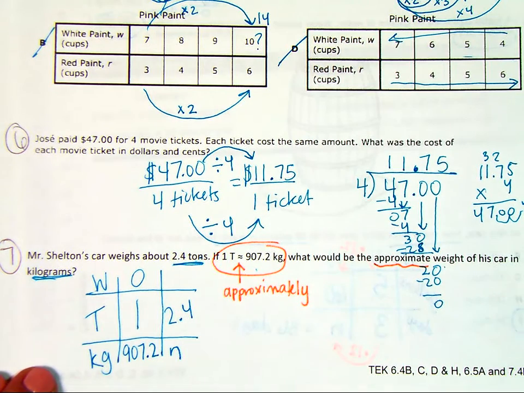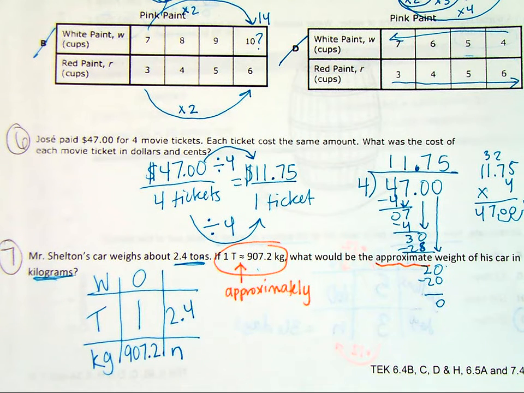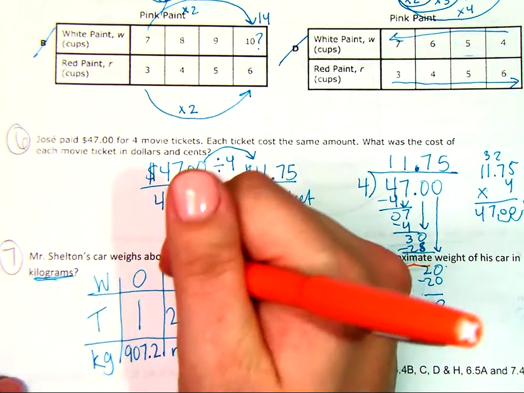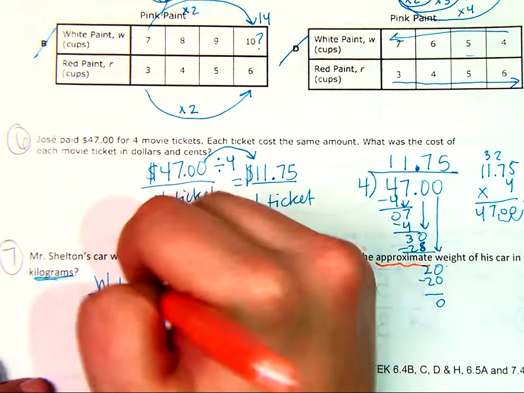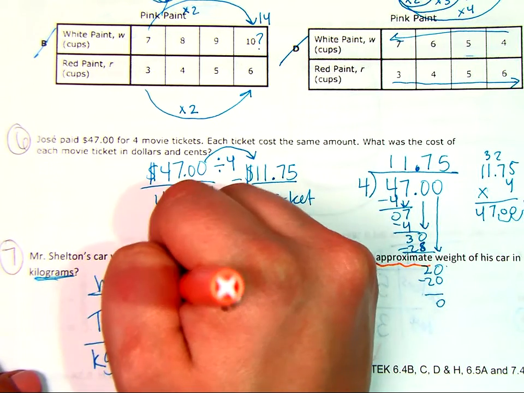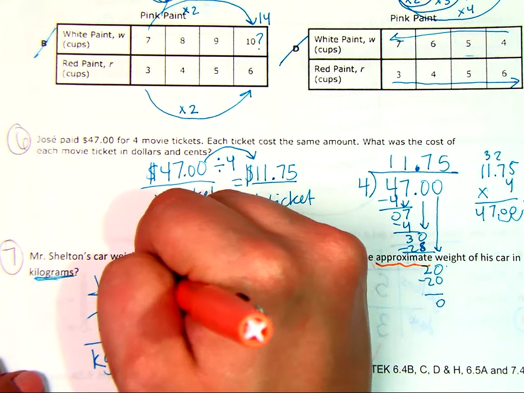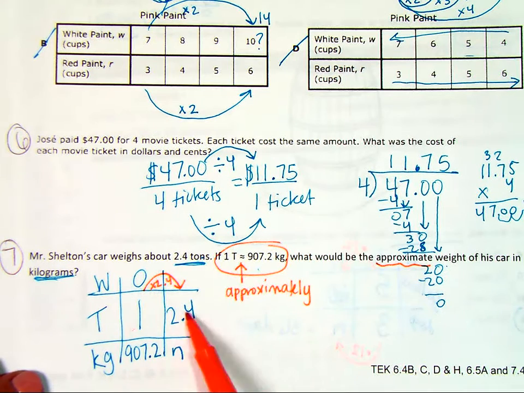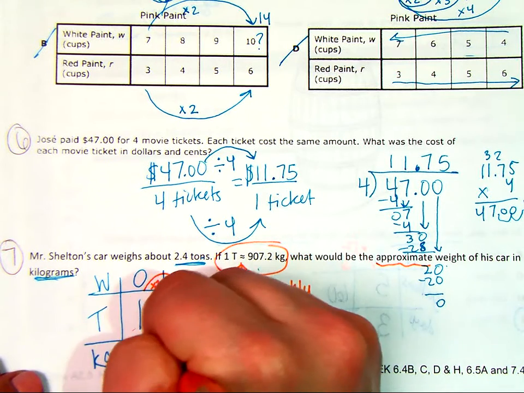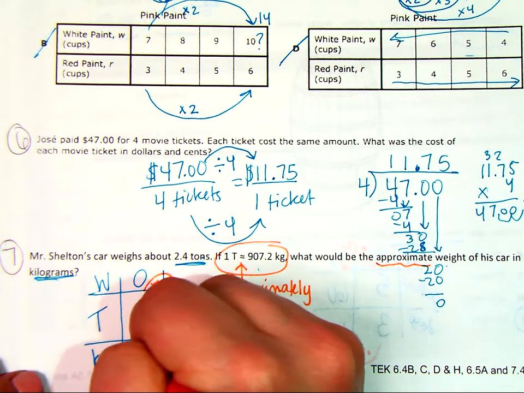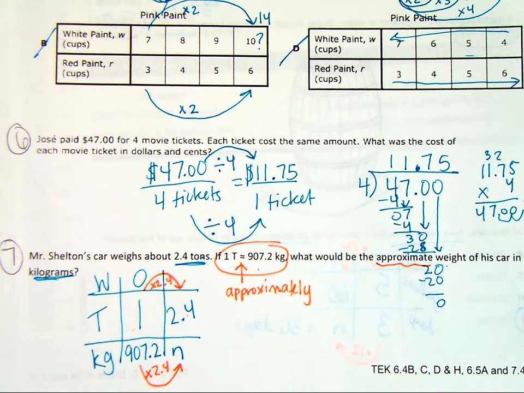Okay. So this would be a time that you could use cross products, but we also know that 1 is a special number. 1 times anything is itself. So right here I can tell that I have to multiply by 2.4 to go from 1 to 2 4/10. So then I would do the same thing down on the bottom, which means I'm multiplying 907 2/10 by 2 4/10.